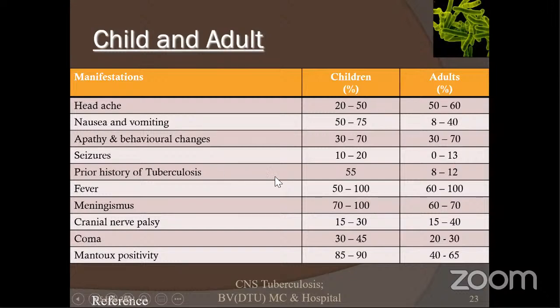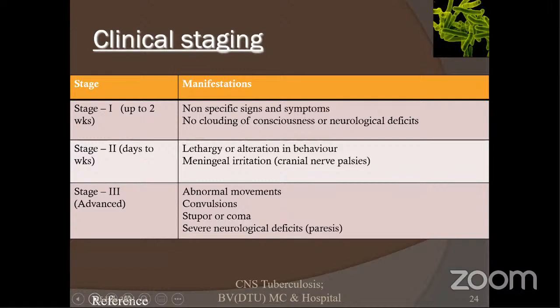So headache, as I said, is the most common symptom in adults also, and apathy and behavioral changes are also seen in 30 to 70% of the cases. So the presentations are protean, though there is a clinical staging that has come into vogue. Stage 1 is up to 2 weeks, non-specific signs and symptoms, no clouding of consciousness or neurological deficits.